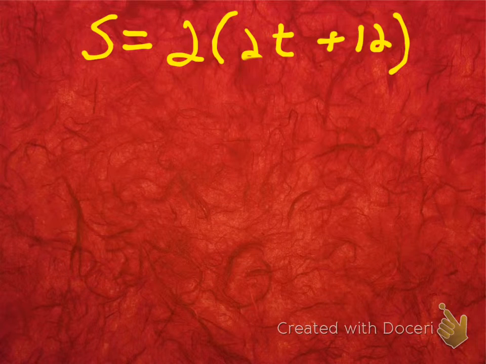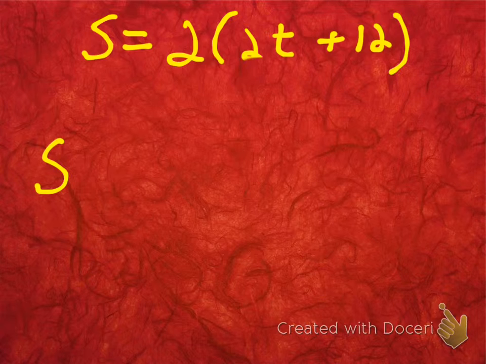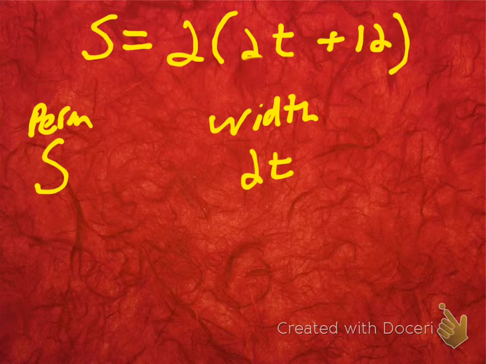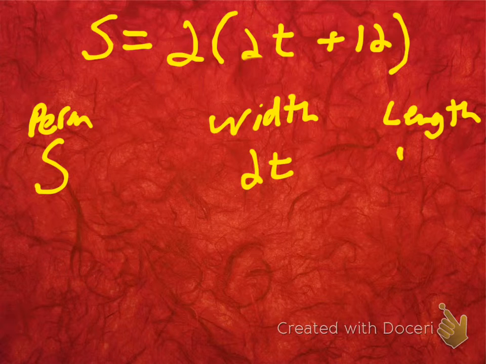Now, if we look at G, it says, what is S, the perimeter of a rectangle with a width of 2t and a length of 12.